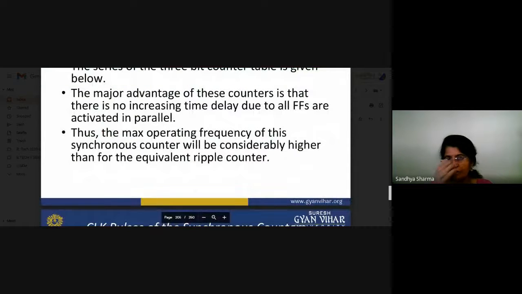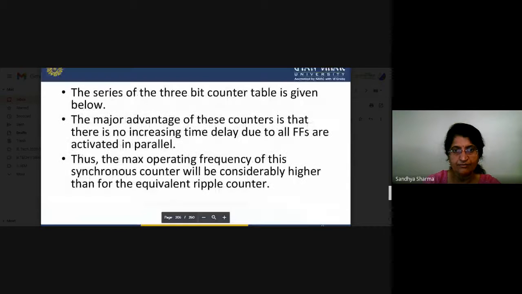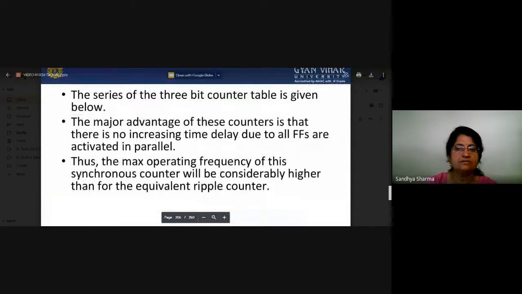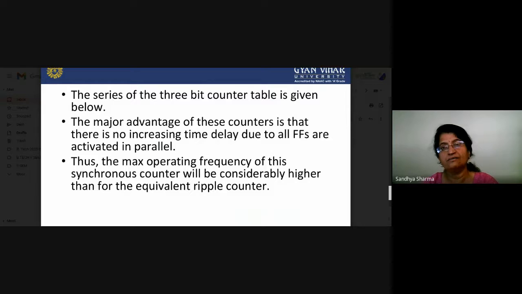So that is our ordinary flip flop. 000, 001, 010, 011. According to that, the same process applies here, but there is also a delay because all the flip flops are activated in parallel. So the major disadvantage of this is delay. What type of delay do we get from execution of the flip flop from input to output?